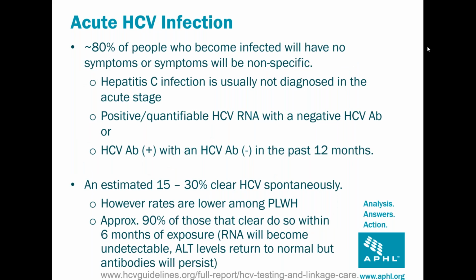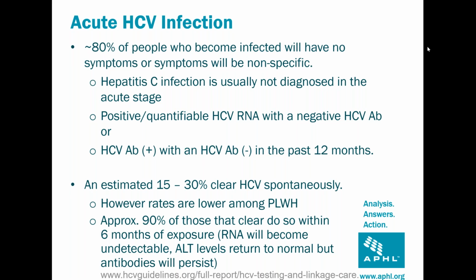So if we start with acute HCV infections, approximately 80% of the people who become infected will have no symptoms or nonspecific symptoms. Hep C is usually not diagnosed in the acute stage; as we're going to see, the algorithm currently being used is not really designed to pick up the acute stage.